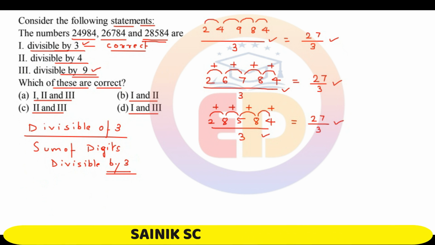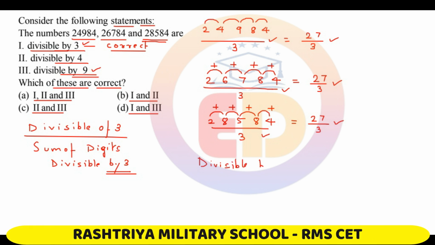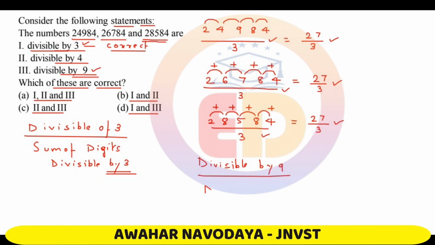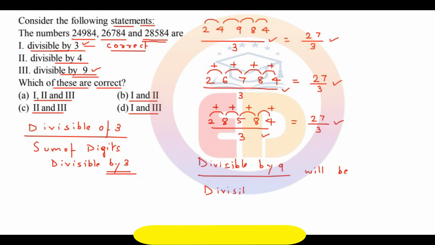remember, a number which is divisible by 9 will always be divisible by 3 also.